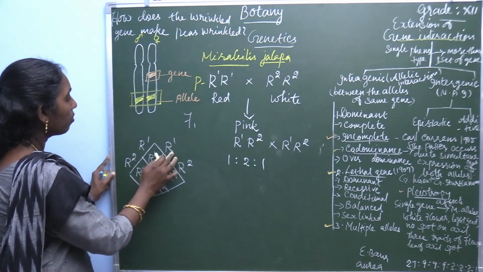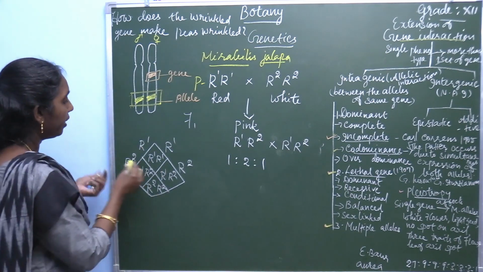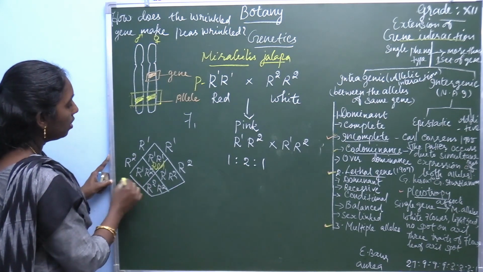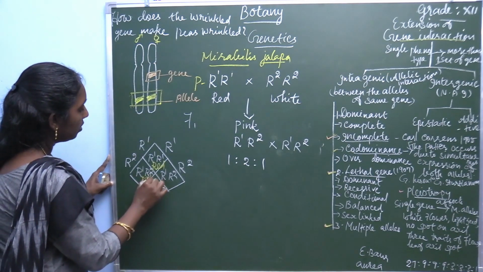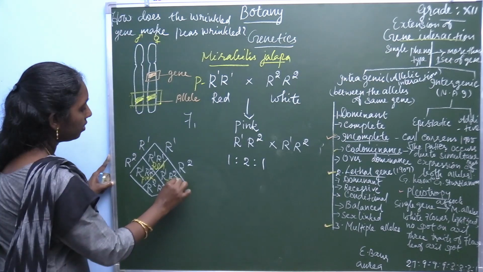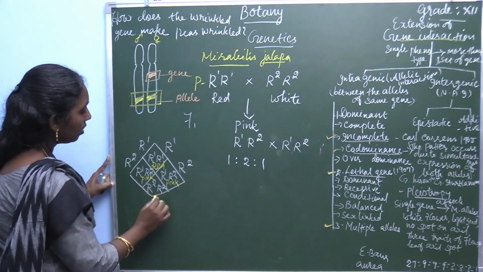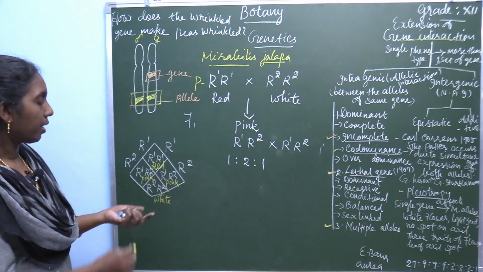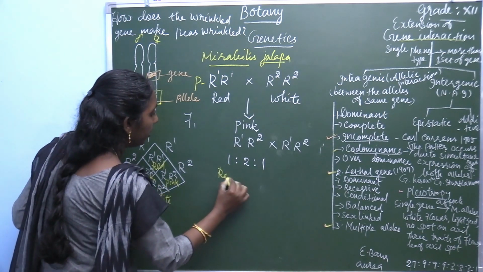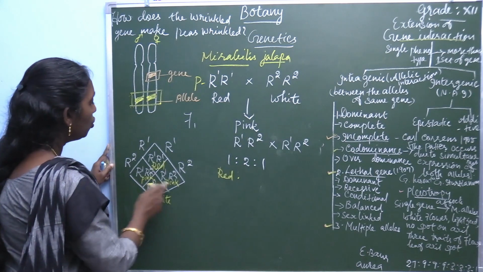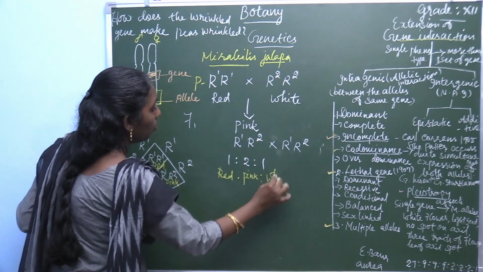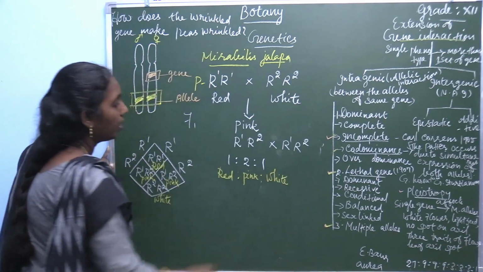This R1, R1 is responsible for red. These two are pink, and this one is white. So, it gives the ratio 1 red is to 2 pink is to 1 white.